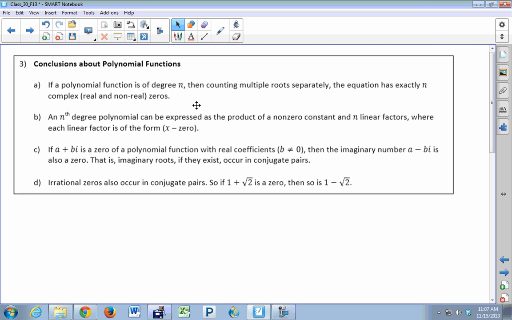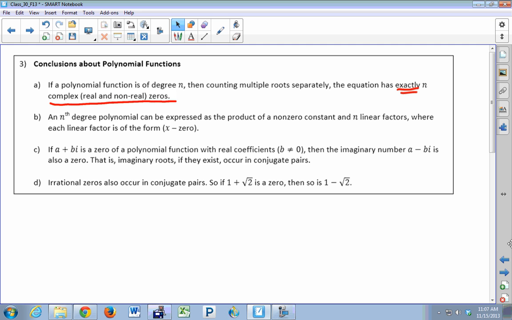So here's the conclusion. If a polynomial function is of degree n, and counting multiple roots separately, that's like the x plus 3 times the x plus 3, the equation has exactly n complex zeros. So now we can include real zeros and non-real zeros. So whatever the degree of your polynomial is, that's exactly how many roots or zeros you're going to have.